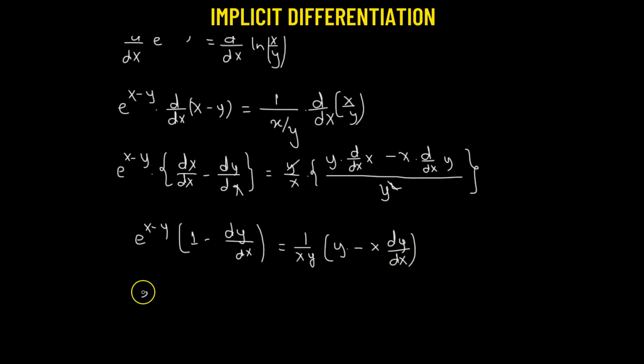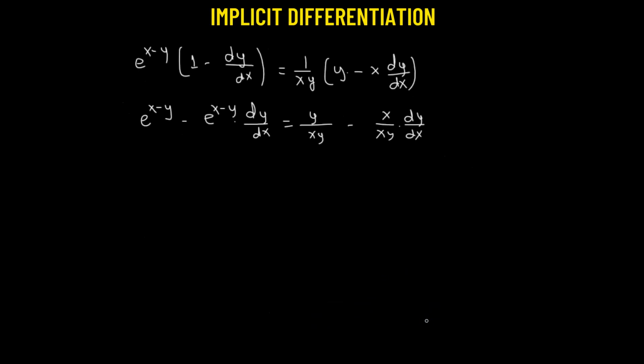So let's further simplify. We have e raised to the power of x minus y minus e raised to the power of x minus y multiplied by the derivative of y with respect to x, which will be equal to y divided by xy minus x divided by xy times the derivative of y with respect to x. Now what we'll do, we'll transpose this second term on the right hand side to the left hand side.